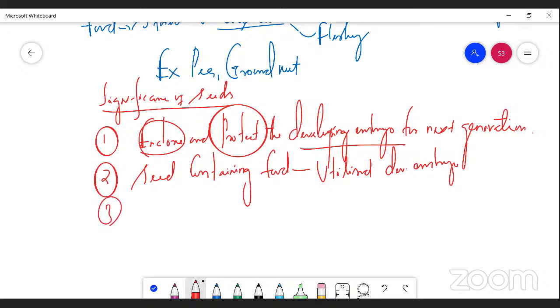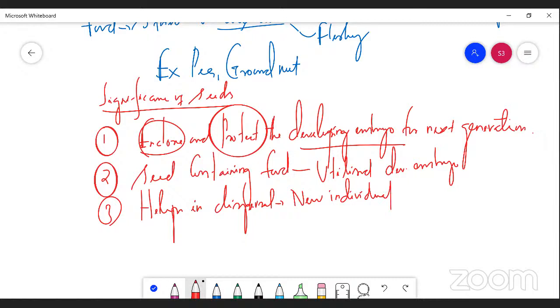Third, seeds help in dispersal, which helps to develop new individual plants.